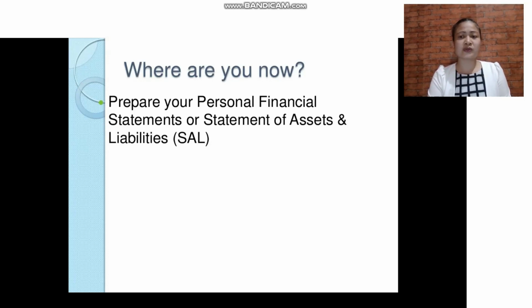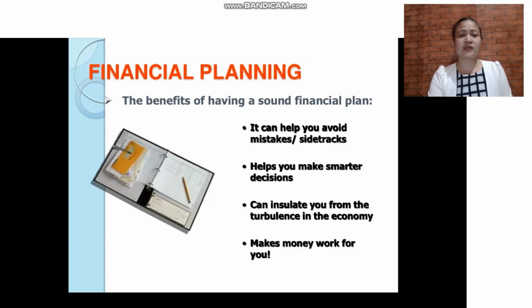So to know where your money goes, financial planning is needed. These are the benefits of having a sound financial plan. It can help you avoid mistakes or sidetracks. It also helps you make smarter decisions. It can insulate you from the turbulence in the economy, and it makes money work for you.